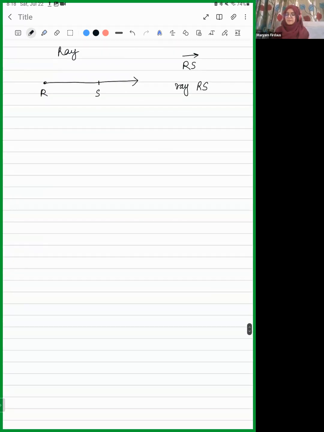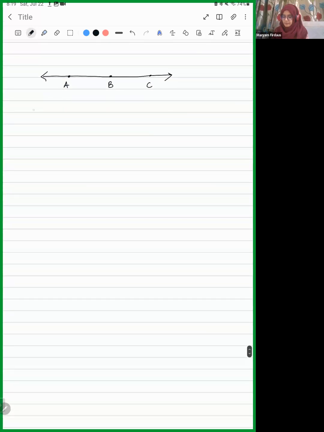Now, let me just see what you guys have understood. So I have, what is this? A line. If I say line segment AB, can you tell me where is line segment AB?